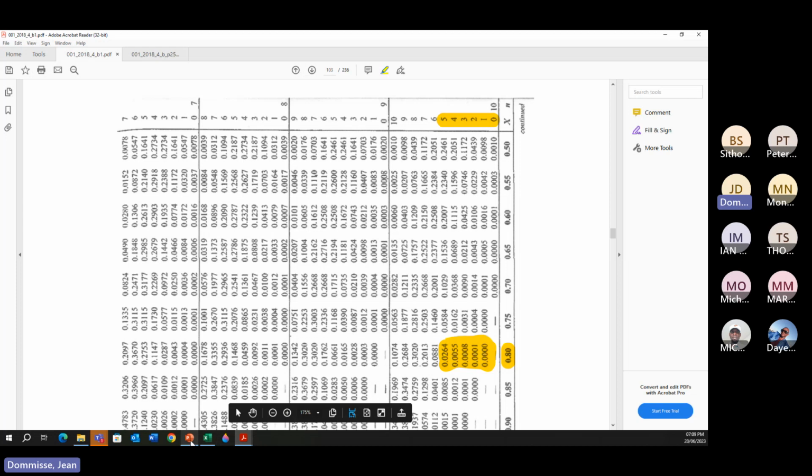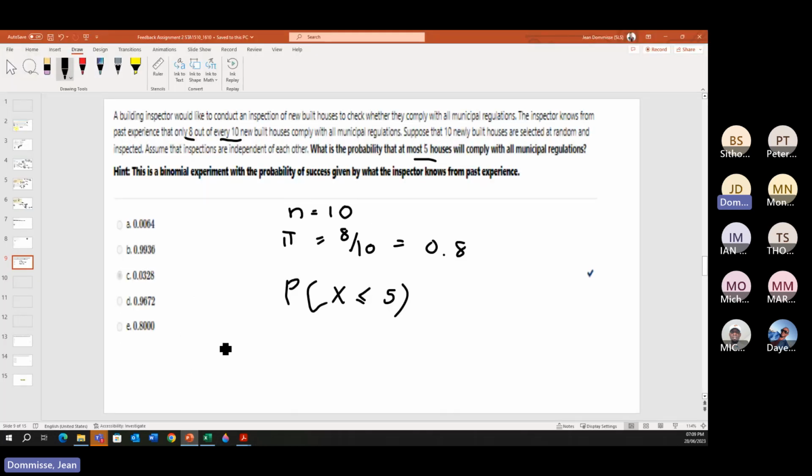Hopefully, that doesn't have an impact on the answer. So my answer, if I look at that, I get 0.0328. Okay, so option 3 is the correct one.